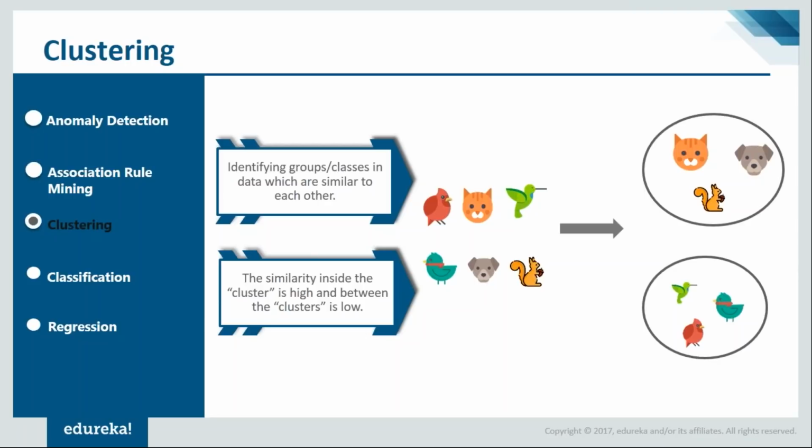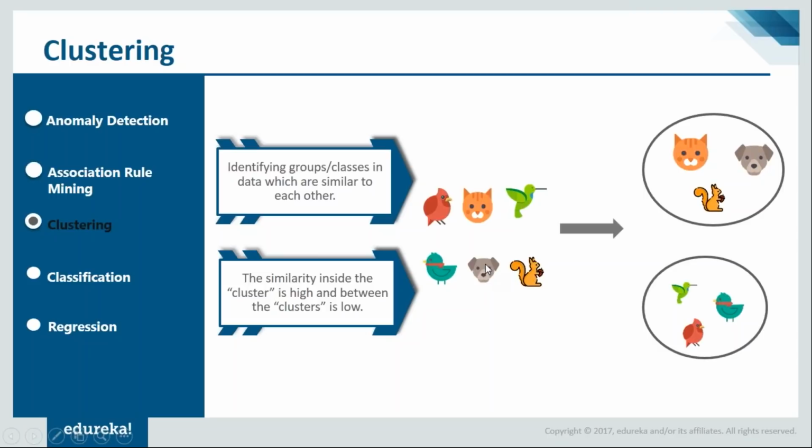Now I've said that clustering comes under the purview of unsupervised learning. So what is unsupervised learning? Unsupervised learning comes under the domain of machine learning, and machine learning algorithms are algorithms which learn on their own. Unsupervised learning does not have predefined labels. What we see over here is that we just have observations and there are no labels which tell us that this is an animal or this is a bird.